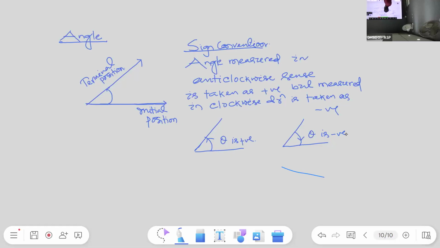We will provide largest angle, smallest angle, then quadrant classification. Everything will be discussed in the second session.